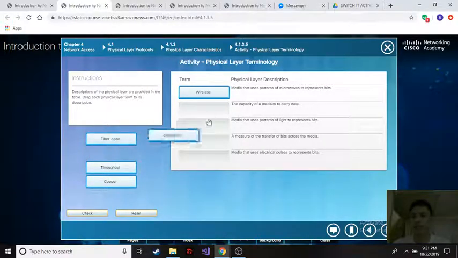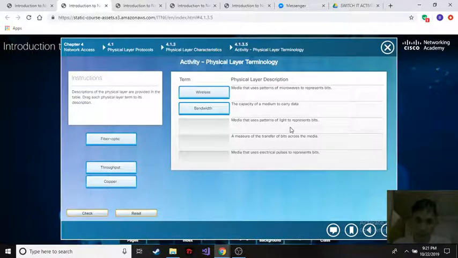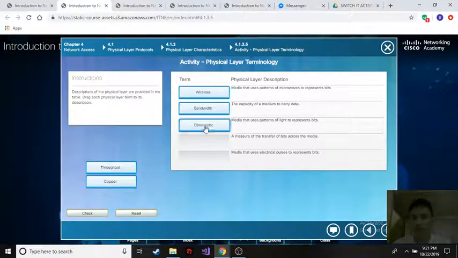I believe this is the bandwidth. And media that uses patterns of light to represent bits is... copper uses pulses, and fiber optic is the one that uses light to represent bits.